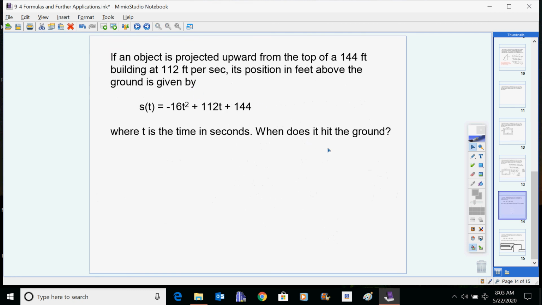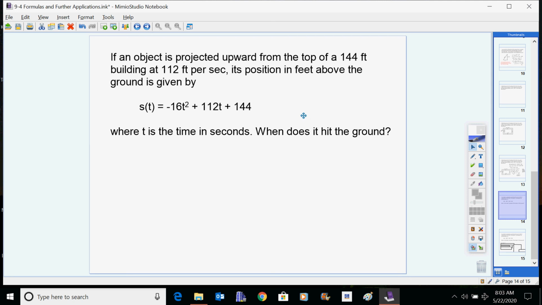All right, now in terms of feet, this is the formula for how high something is going to be above the ground in a given time if it's projected upward from the top of a 144-foot building at 112 feet per second. You're not being asked to find this formula.